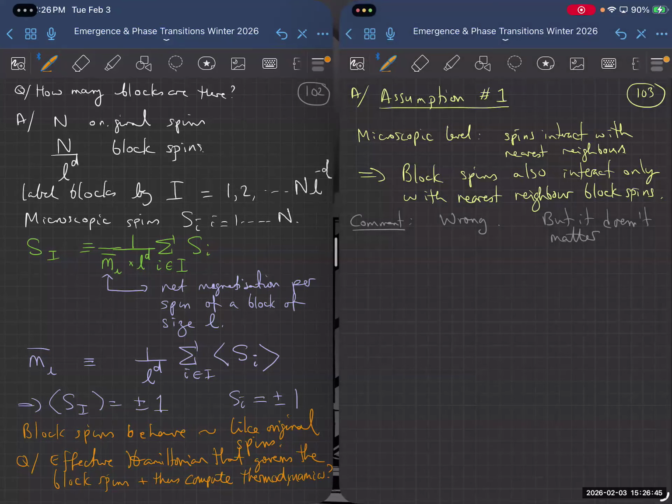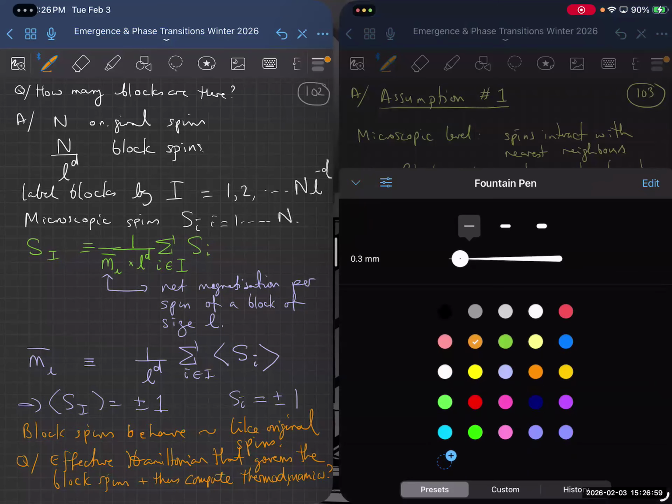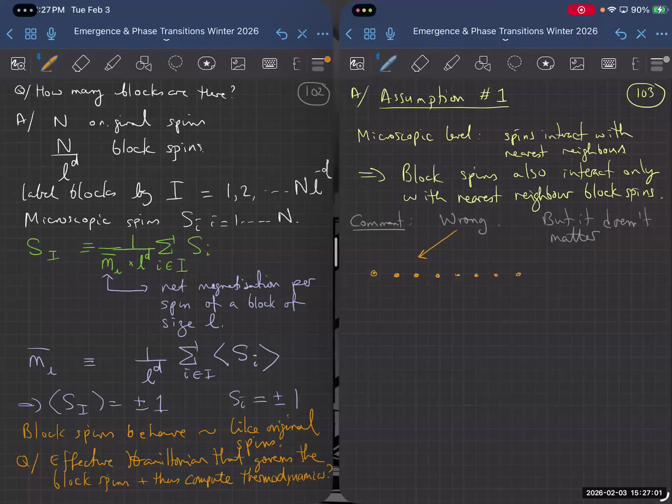Let's suppose that my spins interacted in this way. Here's my lattice. Let's suppose that the spins interacted not with their nearest neighbor, but only with their next nearest neighbor. Now, that's not likely to be true.